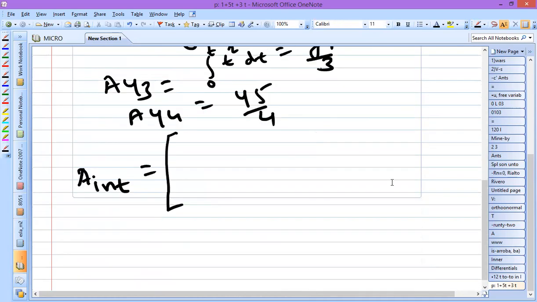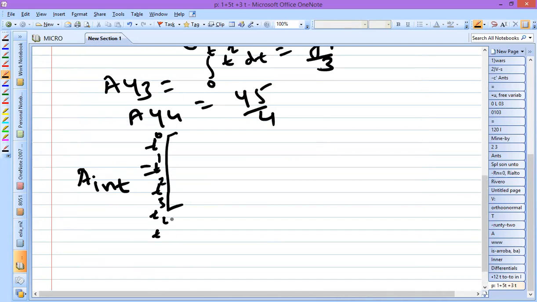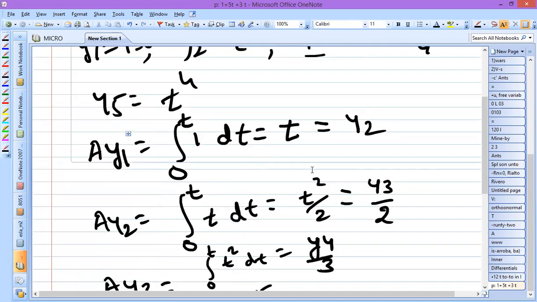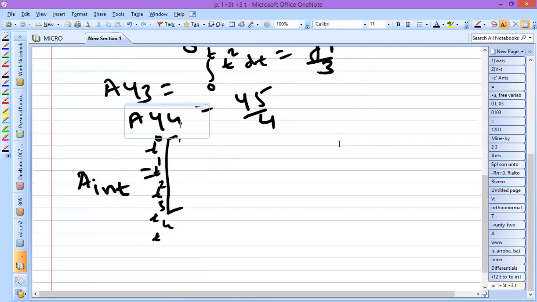So t to the power 0, in here I'll be writing the elements t to the power 0, t to the power 1, 2, 3, t to the power 4, up to this we will take. Since the integration of y1 consists of only t, t to the power 0 will take the value 0. Next its coefficient is 1, 0, 0, 0.